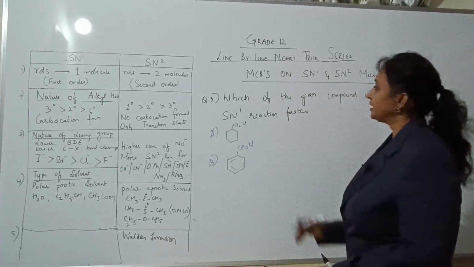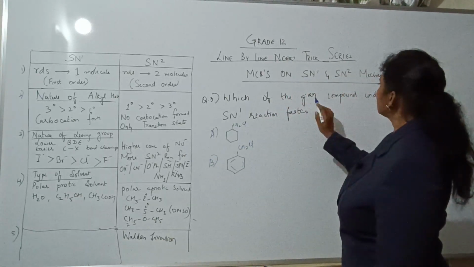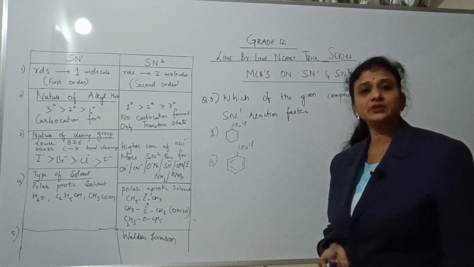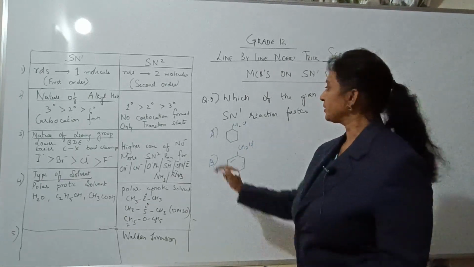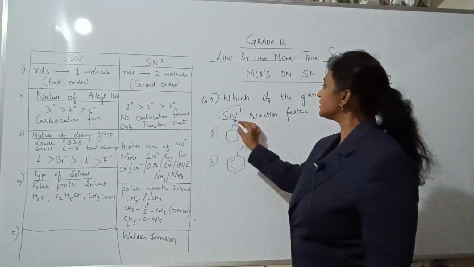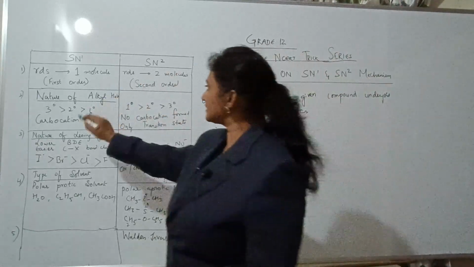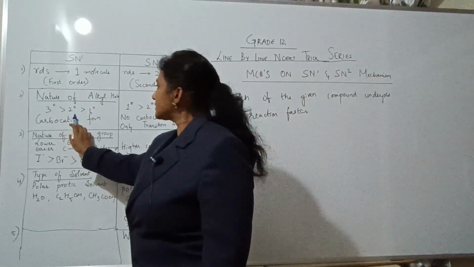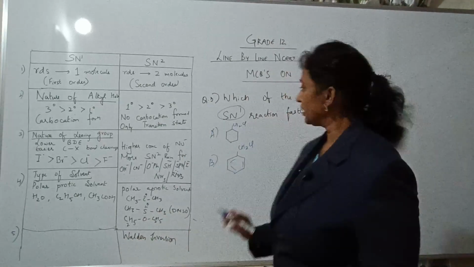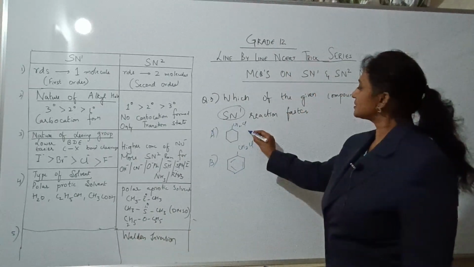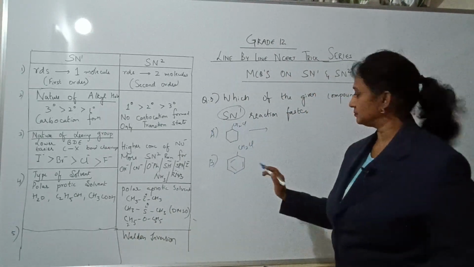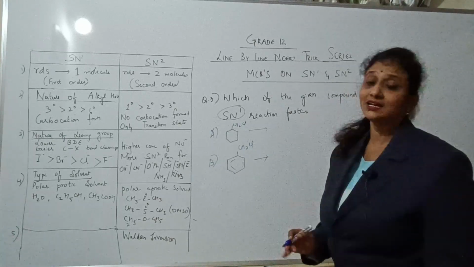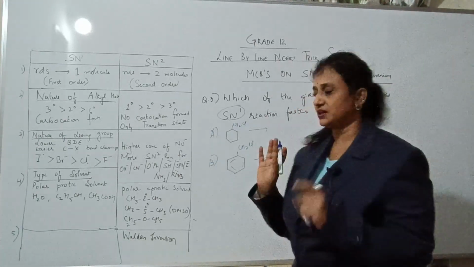Let's see the question. Which of the given compounds undergoes SN1 reaction faster? Simple. When they just give me SN1, go back, recollect that SN1 reaction, tertiary, secondary and primary. Done. That means in this case, in the first case, it's a cyclo compound. In this case, it's benzyl chloride. Perfect. Now understand.